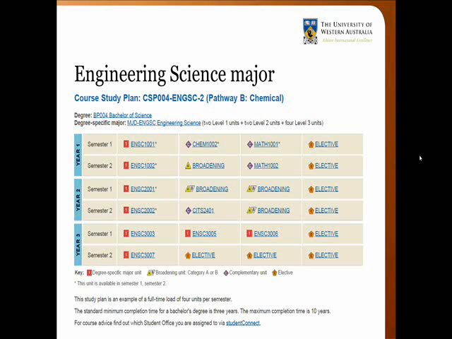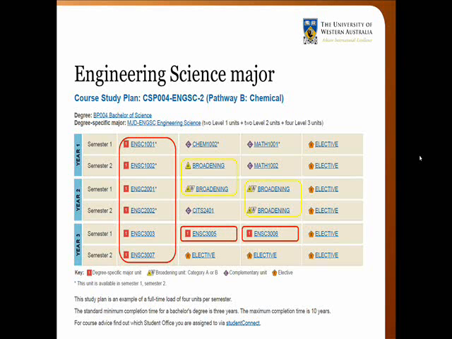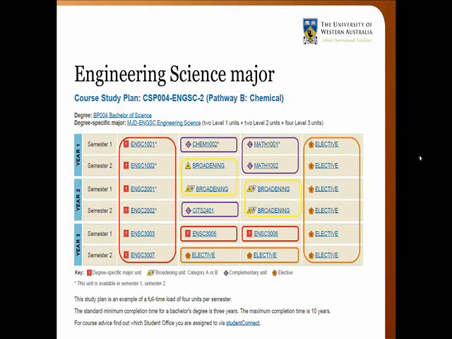Okay, now we're going to look at chemical. Each pathway will be similar, so I need you to notice the differences in year 1 at this time. So these are the degree-specific major units for chemical, the broadening unit, complementary units, and electives.